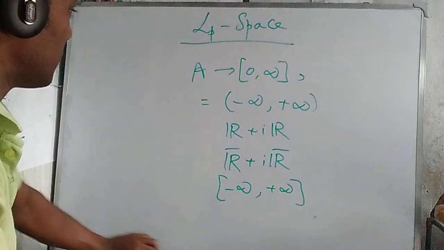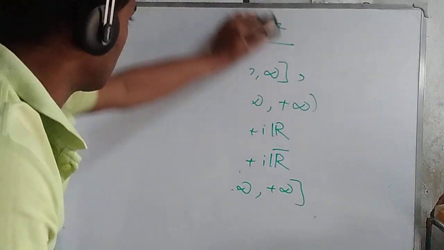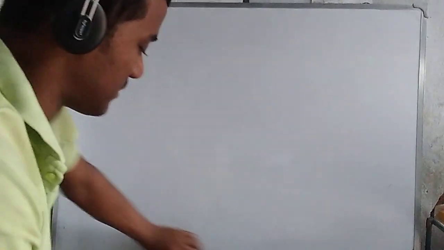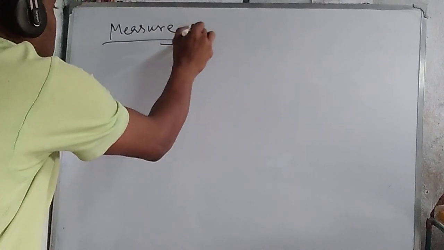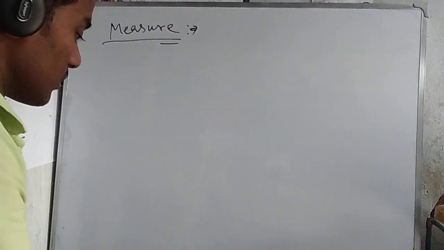So now we erase that portion and go on to further discussion of the definition of measure. We know it from the previous class, but we also discuss it today.